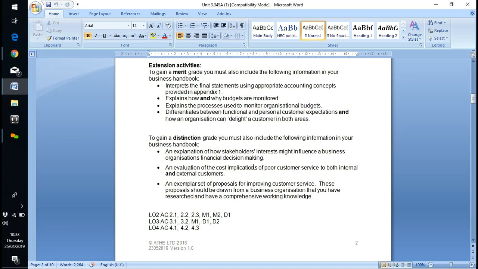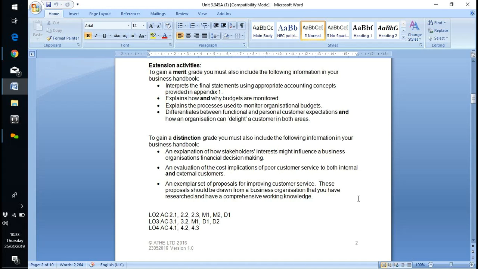An evaluation of the cost implications of poor customer service, both internal and external customers. Internal customers are business to business, and of course external customers are customers coming off the street that are going to buy your goods and wares, whatever you're selling.